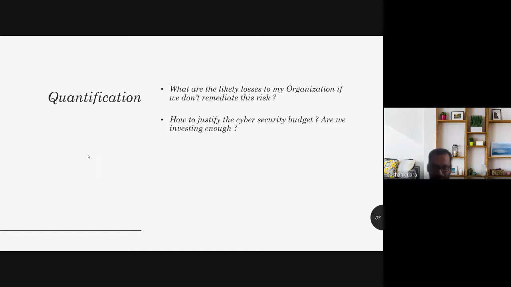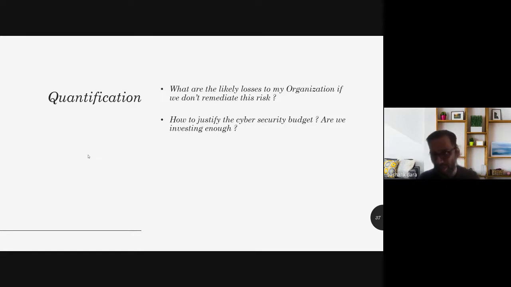That might be a business decision for the CEOs and board members to allocate the right budgets. But how do you come up with a number which is reasonably close, saying that there is a likely loss of 10 million? It's not a simple problem. Again, there is a lot of work going on. And how do you justify your cybersecurity budget?